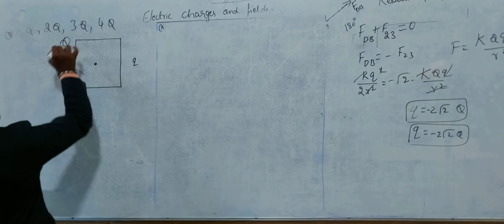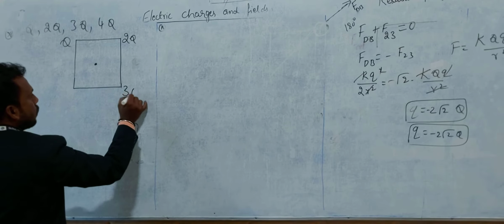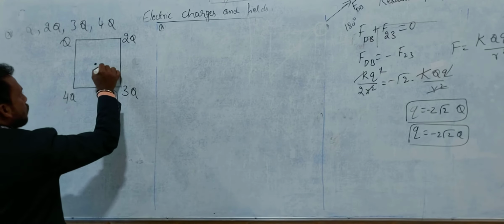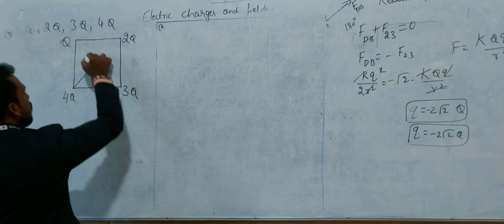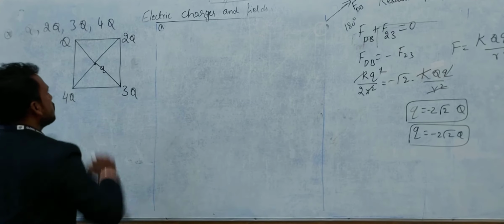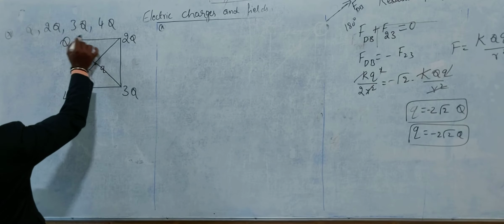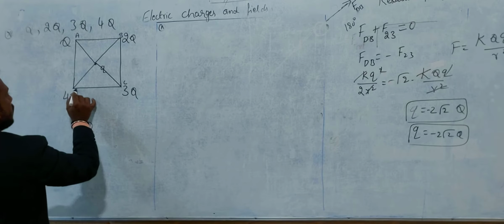This is capital Q, 2Q and 3Q, 4Q. If we place a charge small q at the center of the square, what is the net force on the charge placed at the center?